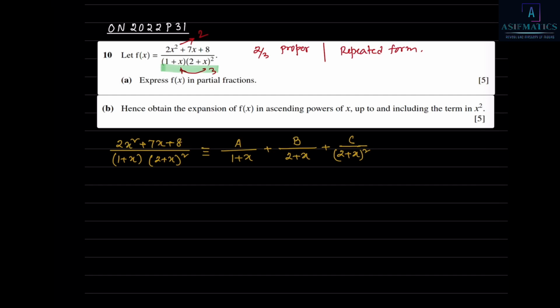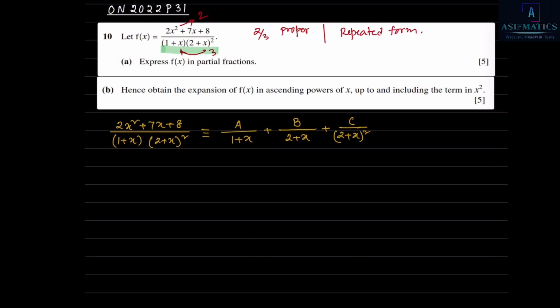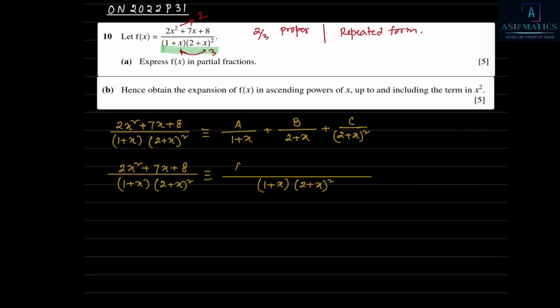So this is the repeated form formula you need to apply, and then we have to find out: 2x squared plus 7x plus 8 over (1 plus x)(2 plus x) squared is identical to, multiplying by (1 plus x)(2 plus x) squared, a times (2 plus x) squared plus b times (1 plus x)(2 plus x) plus c times (1 plus x).